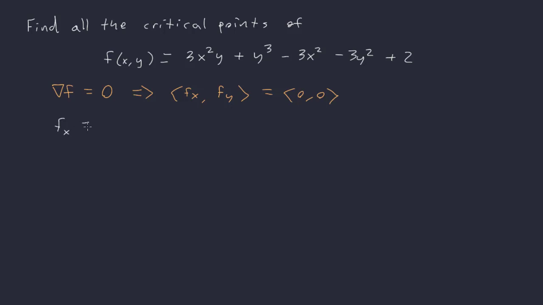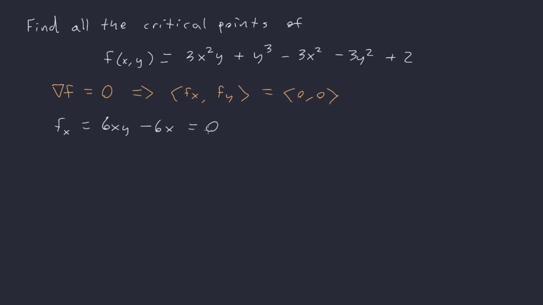So let's do that. F sub x is going to be, when we differentiate this, 6xy. The y cubed goes away, and we'll get minus 6x. The minus 3y squared goes away, and the plus 2 goes away. So there's our f sub x.